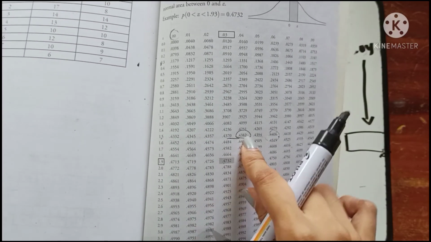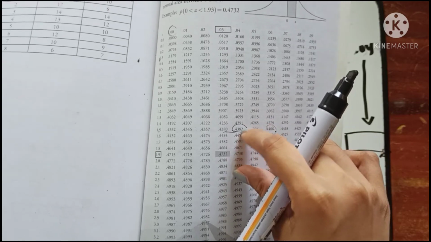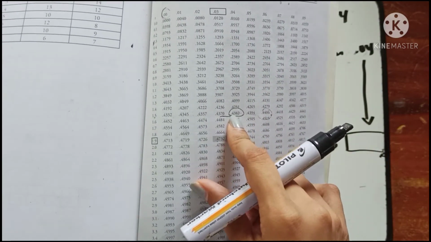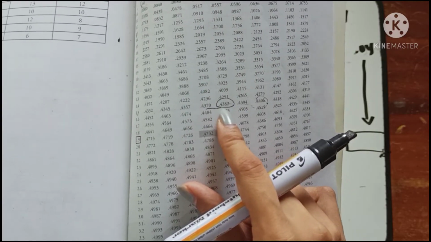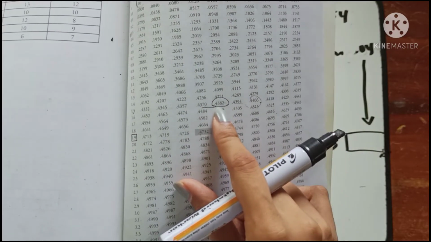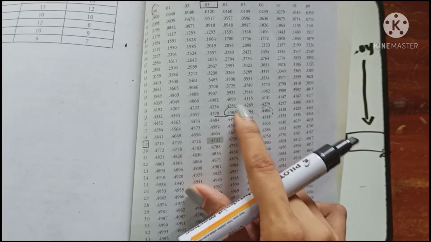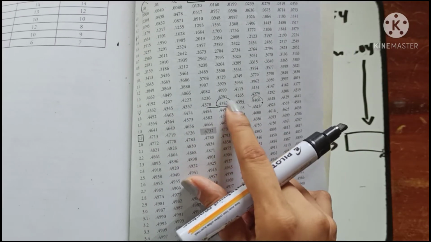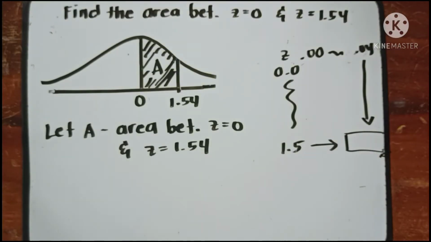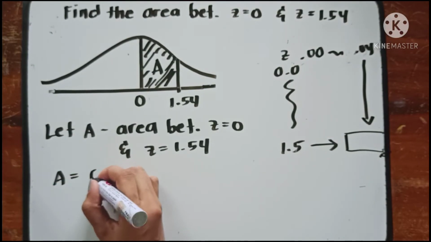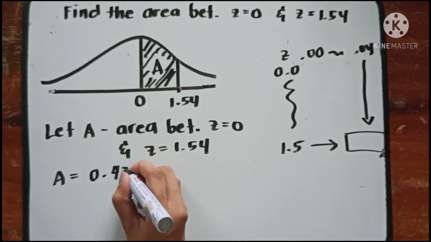Okay? So, this is for 1.5 and yung column na to ay para kay 0.04. So, 1.54. And the area is 0.4382. Okay? So, saan sila nag-intersect? Yung intersection nila is 0.4382. Okay? And that is already the value of your A. 0.4382.